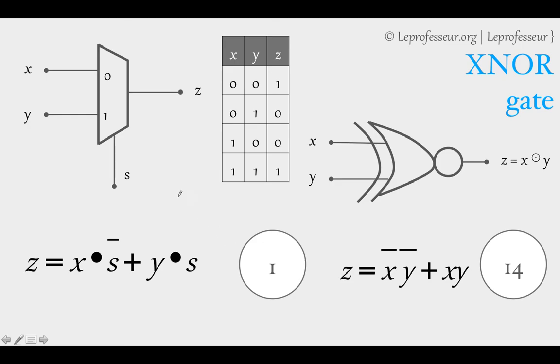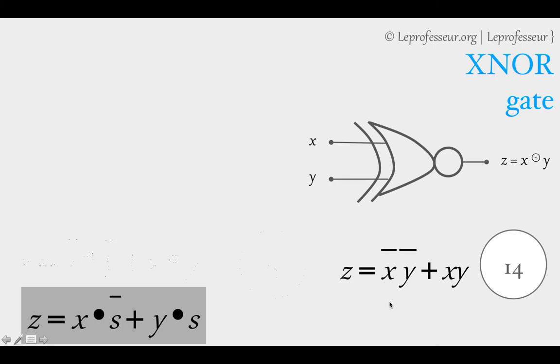Again, the same principle, a similar fundamental: we have to make use of the select line of the multiplexer somehow. So these are the two equations, 1 and 14, and how we can convert equation number 1 into the form of 14, that's our job.